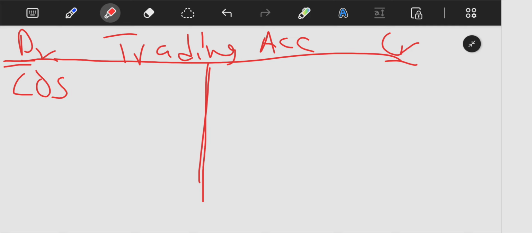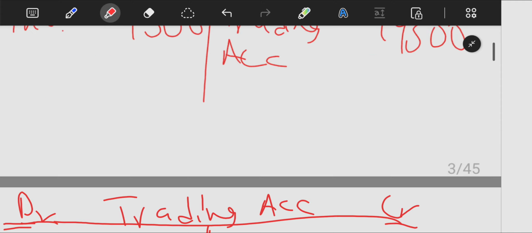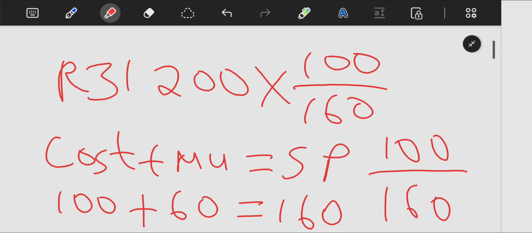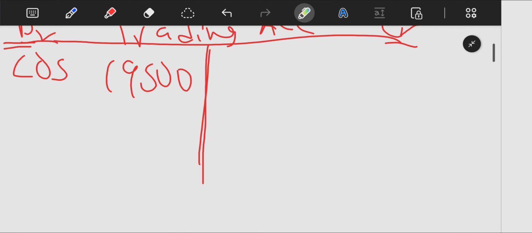Cost of sales, 19,500. And then how much did we sell it for? We sold it for 31,200.